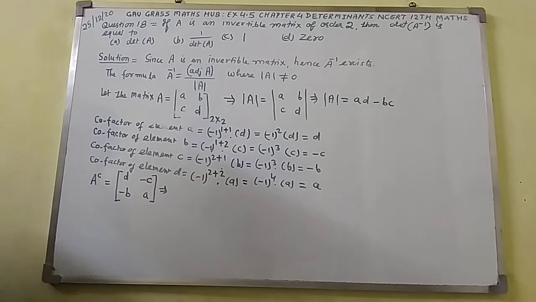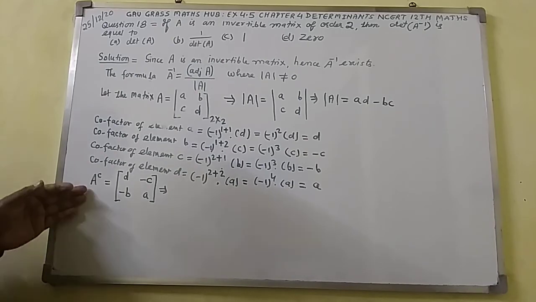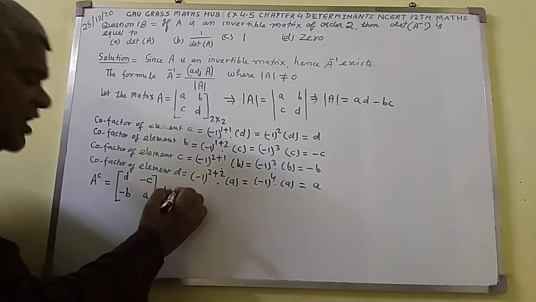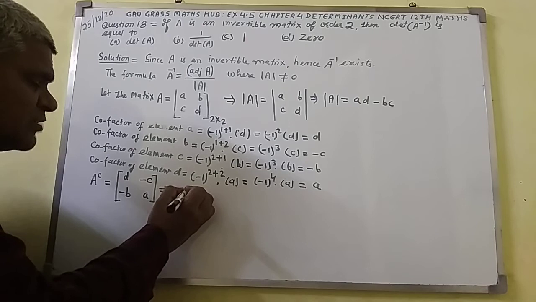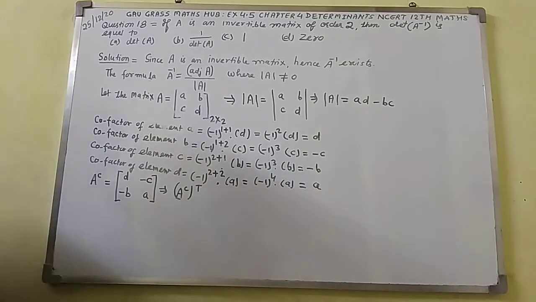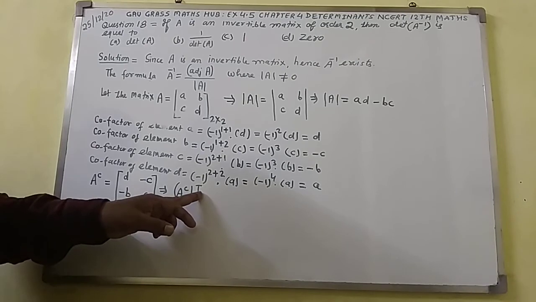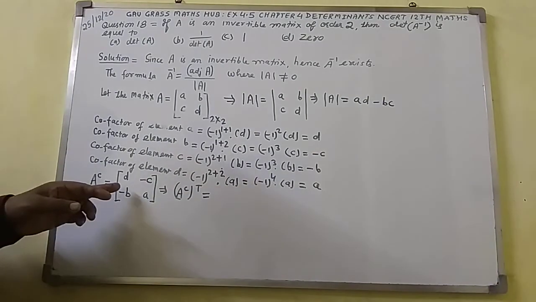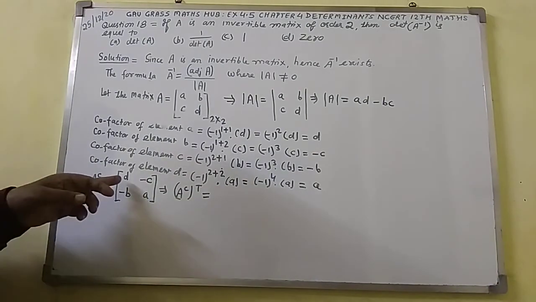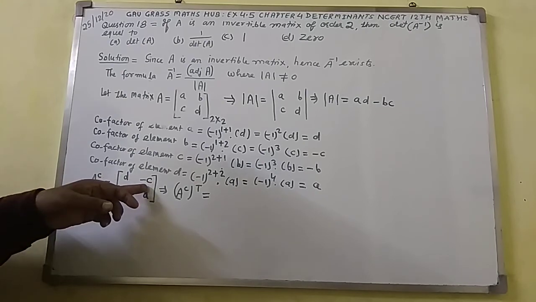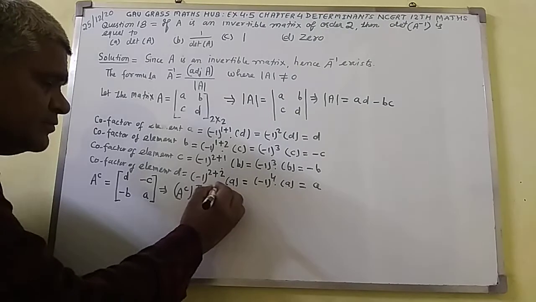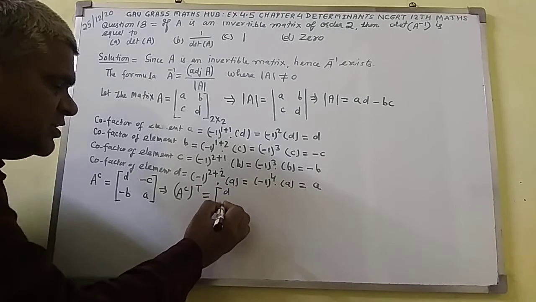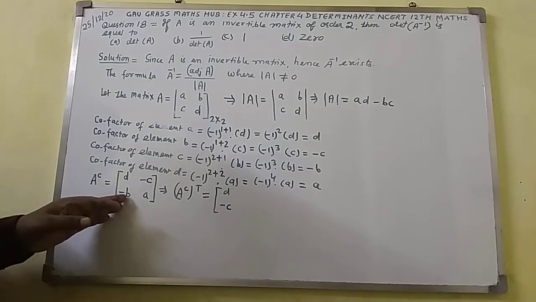Implied that this thing we have got. Now what we'll do here? Now get the transpose of cofactor matrix. So here I shall write transpose of cofactor matrix. This represents transpose of cofactor matrix equal to here in cofactor matrix first row will be converted into first column. So here write D minus C, and here second row will be converted into second column.